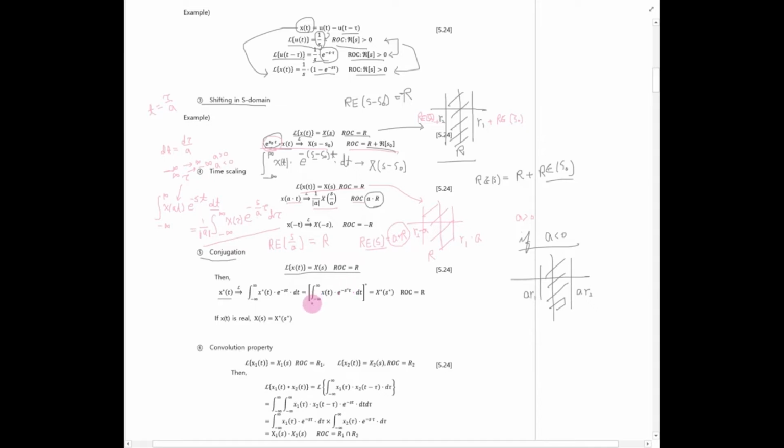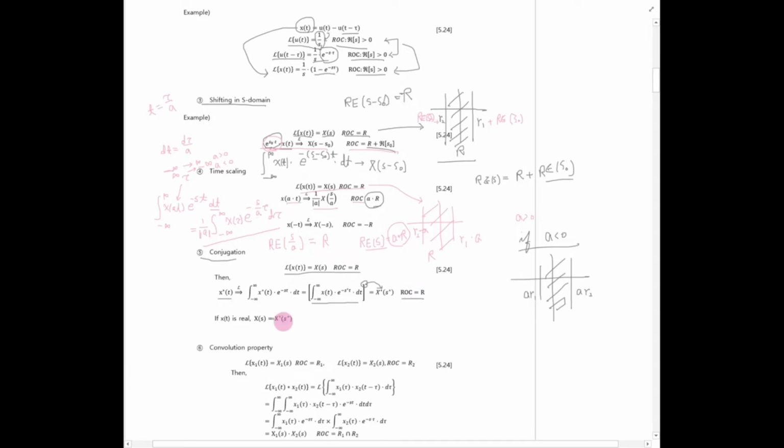Then this part equals x of s conjugate, and another conjugate is added here. And the region of convergence is related to the real part of s, so it doesn't matter with the conjugate value. Even if we take the conjugate, the real part is the same, so the region of convergence doesn't change.